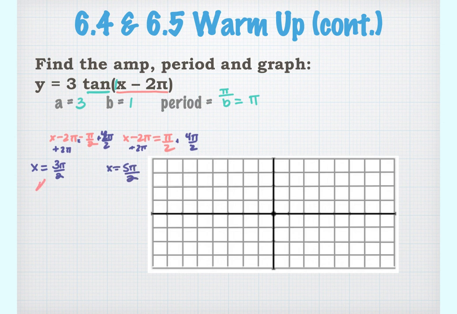From the one on the left, we're going to subtract the period. On the right, add the period. This becomes pi over 2, and this is 7 pi over 2. And those 4 equations represent your asymptotes.